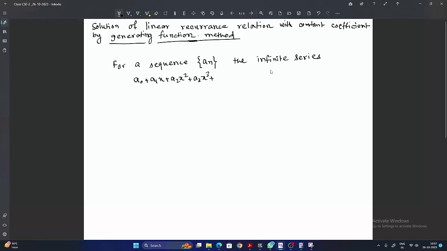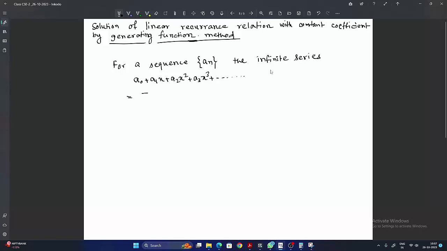That means just take the term and put x with it, and the degree will be the same as the subscript. Both the subscript and the degree of x are the same: a0 means x to the power 0, a1 means x to the power 1, a2 means x to the power 2, a3 x to the power 3, and it will continue up to infinity.